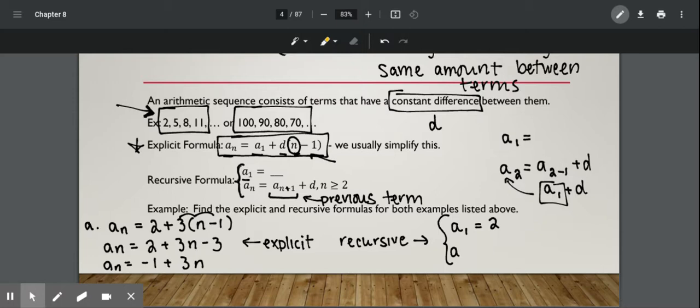And then we say to get the next term, we need to have the previous term, and you don't actually write the previous term, you just write it as A sub n minus 1, which means take your previous term and add 3. And then we can say for when n is greater than or equal to 2, which just means that works for all the terms, like this term is greater than or equal to 2. So the second term, the third term, the fourth term, the fifth term.